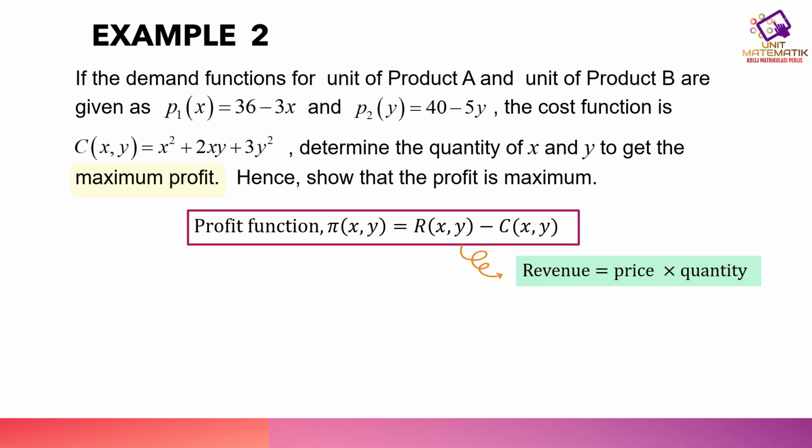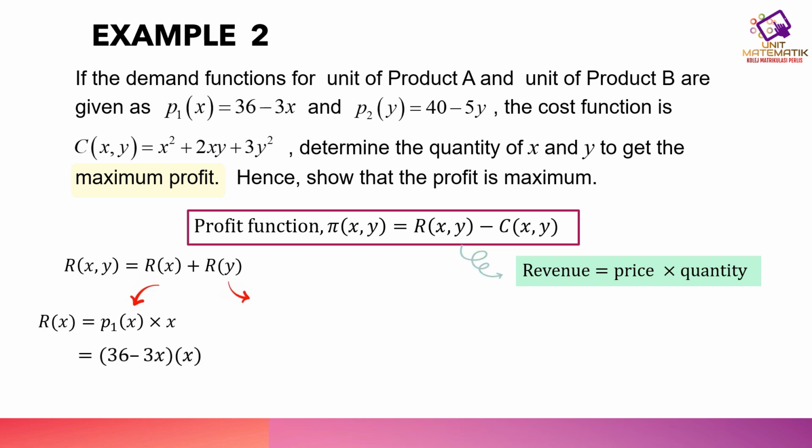Revenue, you can get it by multiplying price and quantity. So for Rx, we can get it by multiplying P1x with x, the quantity. So you'll get 36x minus 3x squared.